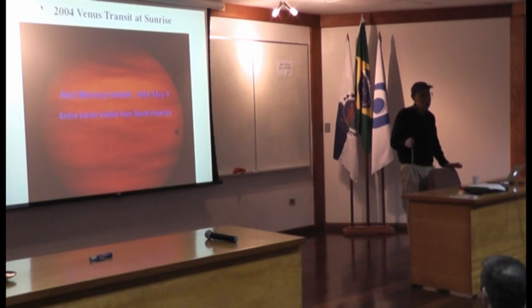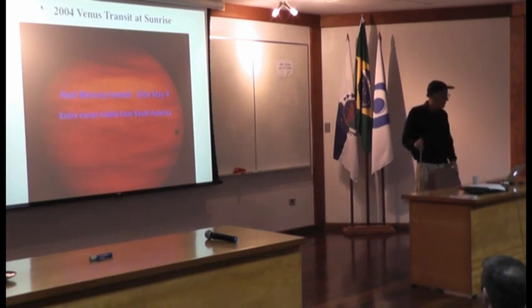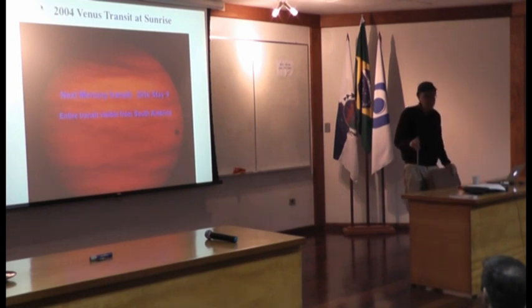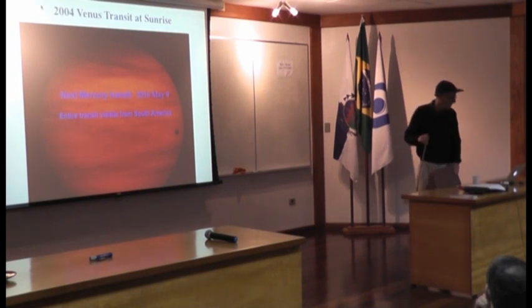And you can do it with a projection camera, pinhole camera that you use for eclipse viewing too. But I've seen Mercury transits. For a Mercury transit, it's a lot better with a small telescope. But I would hope that the Observatorio Nacional would do something for the public at this one.